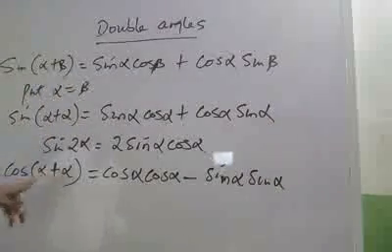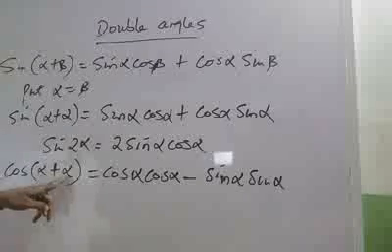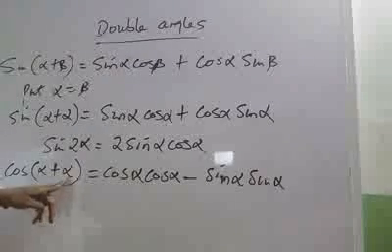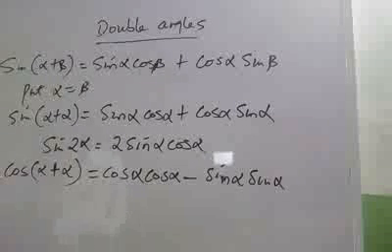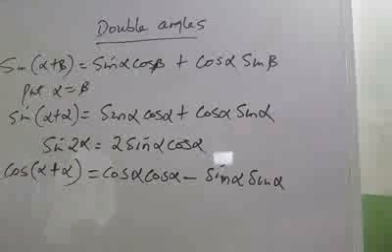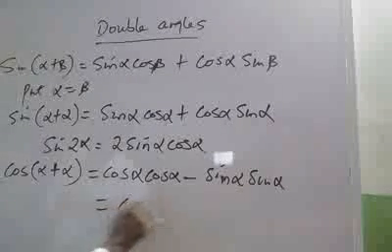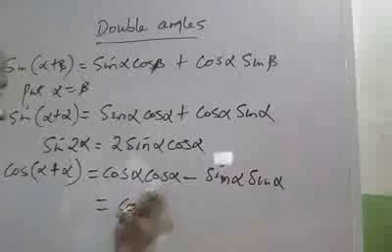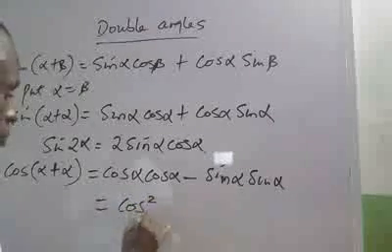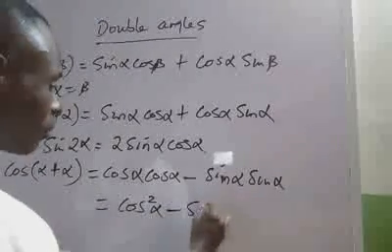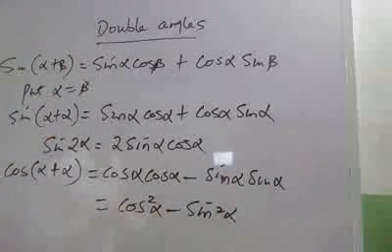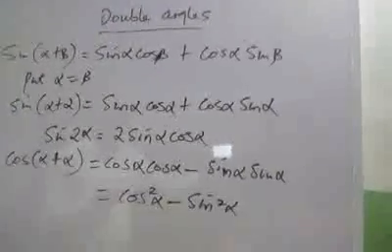So what I did here is, instead of putting beta here, I just put alpha straight. So this will be equal to cos square alpha minus sine square alpha.